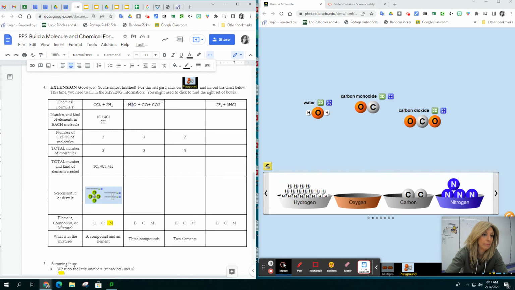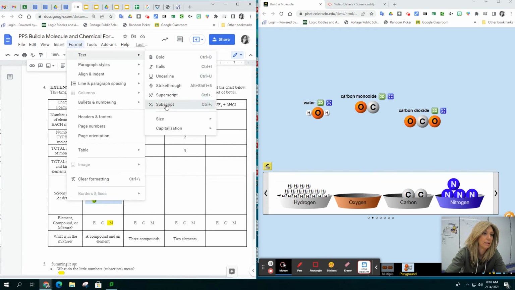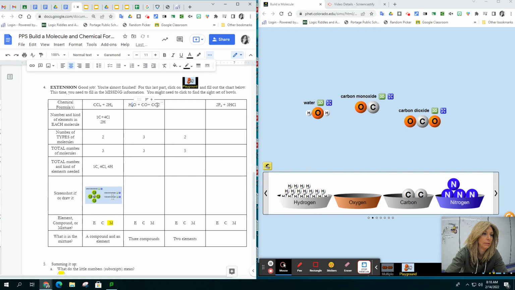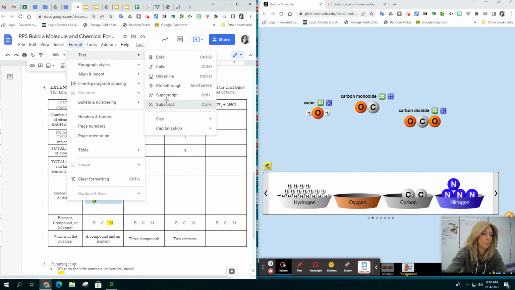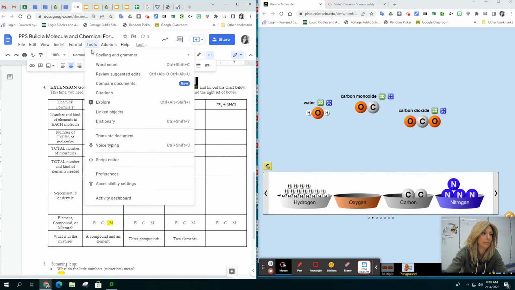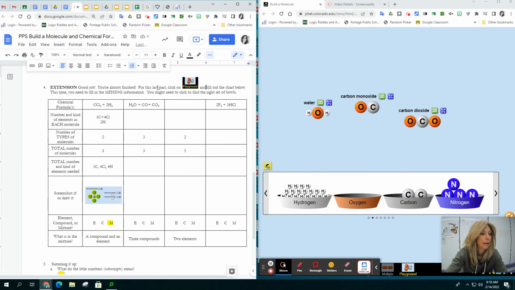So I've got to make my little subscripts. I'm going to go to Format, Text, Subscript. Okay. Number and kind of elements in each molecule. Well, my little subscript tells me I have 2 hydrogens, and I've used 1 oxygen in that molecule.